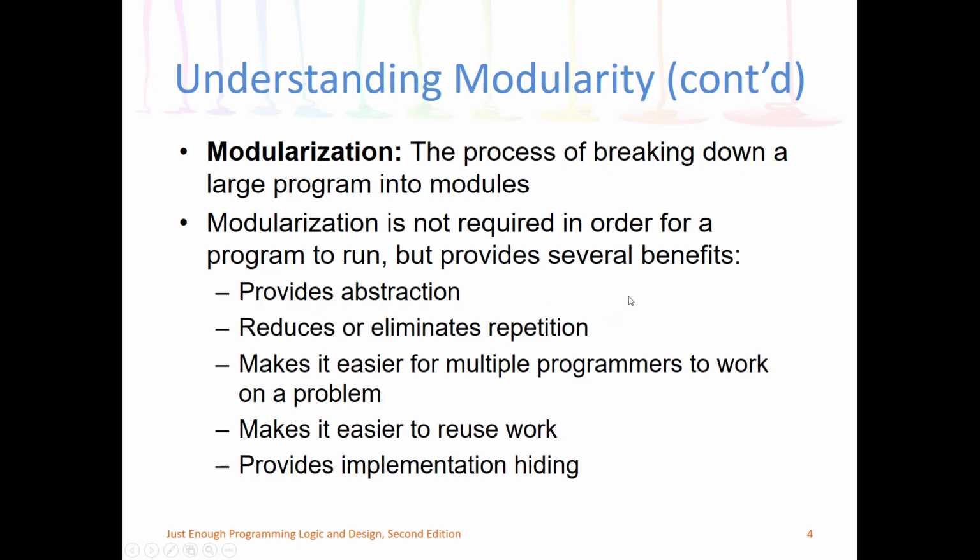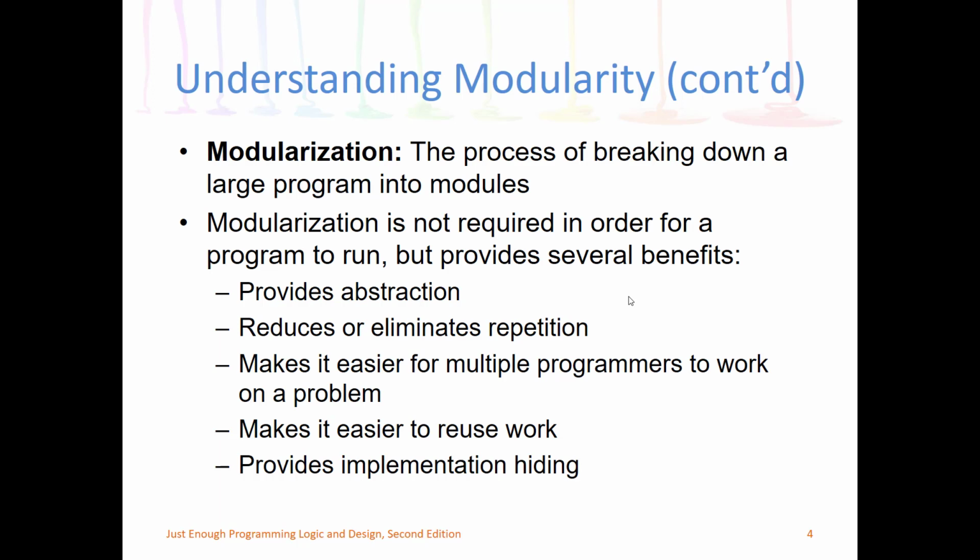It provides abstraction. Well, those are benefits because you don't have to know how the clock works in order to tell time. You just need a functioning clock. Now, sometimes it'd be nice to know, but you don't have to know, right? It reduces elimination and repetition. As you saw in the first or second chapter where we started structuring code, I told you that structured code could be bigger than unstructured code, and that's fine.